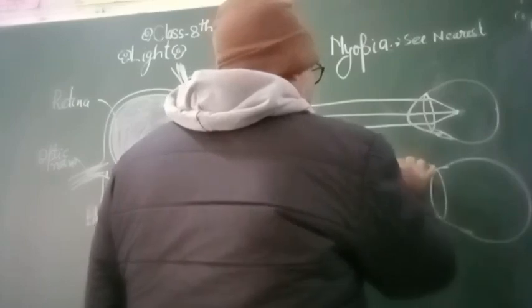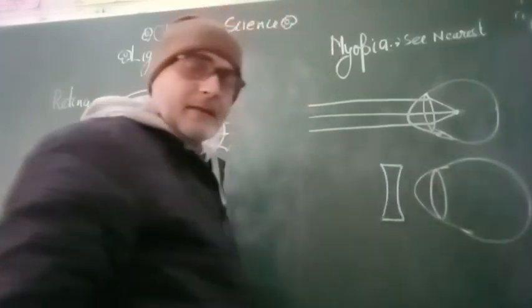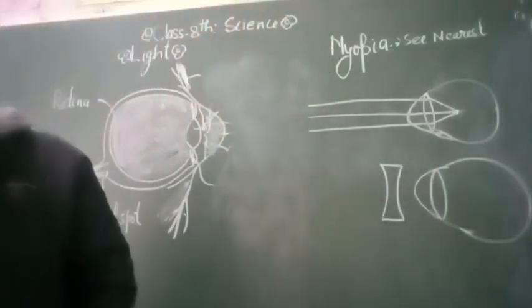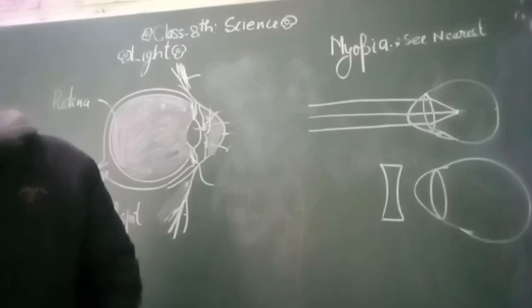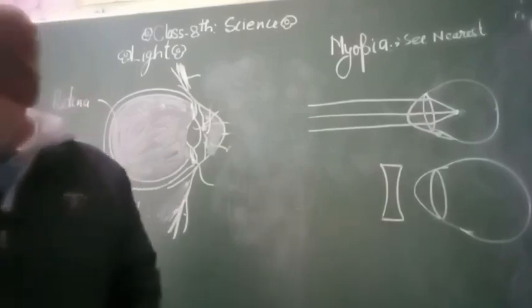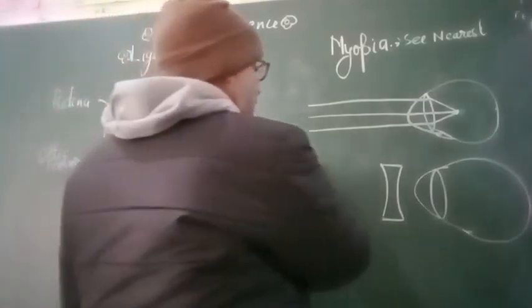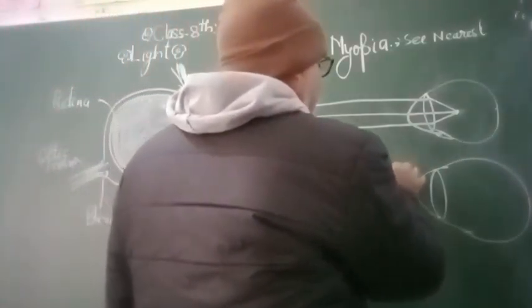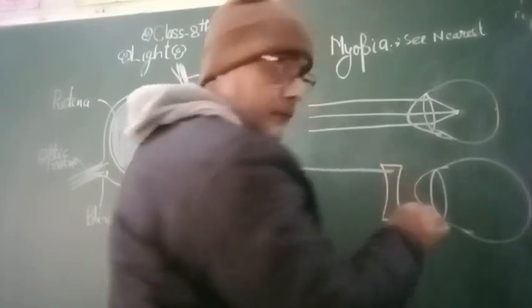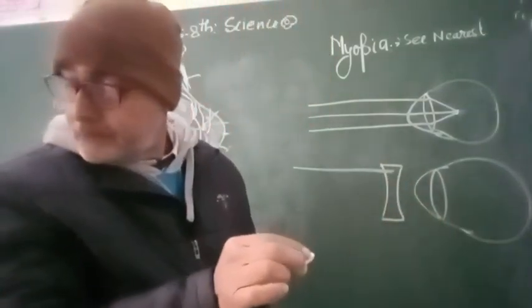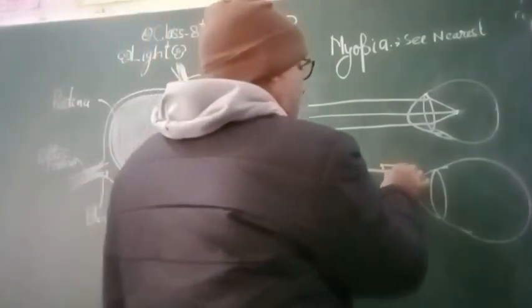This is the concave lens, and when the rays are coming from the farthest point, they will be adjusted like this.